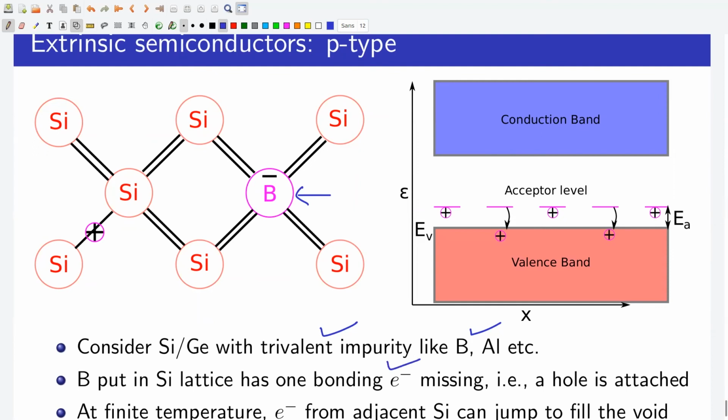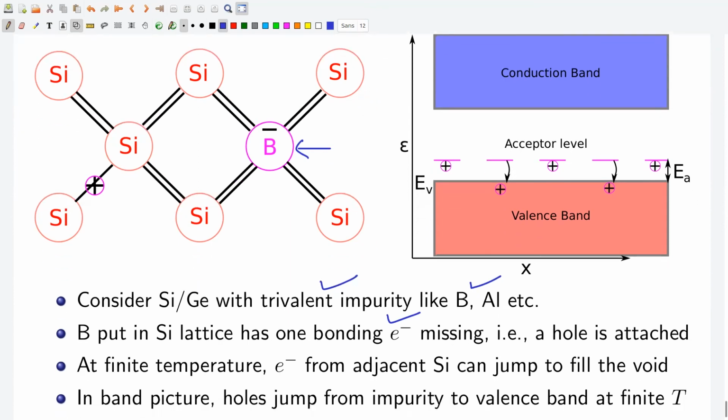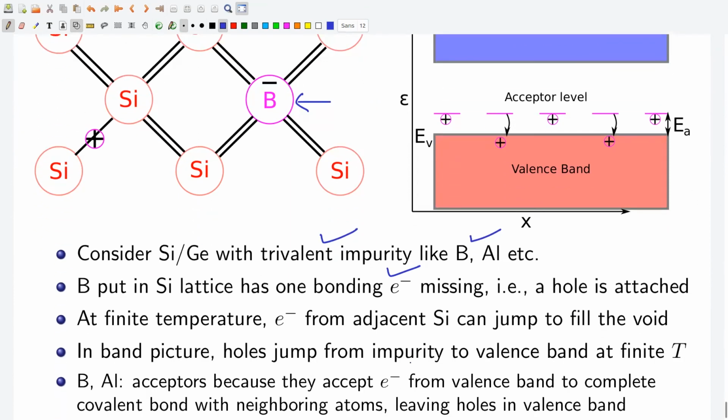That is, a hole is attached to the boron atom. At finite temperature, an electron from adjacent silicon can jump to fill the void. As a result, the hole becomes free from the parent boron atom and is available for conduction process.